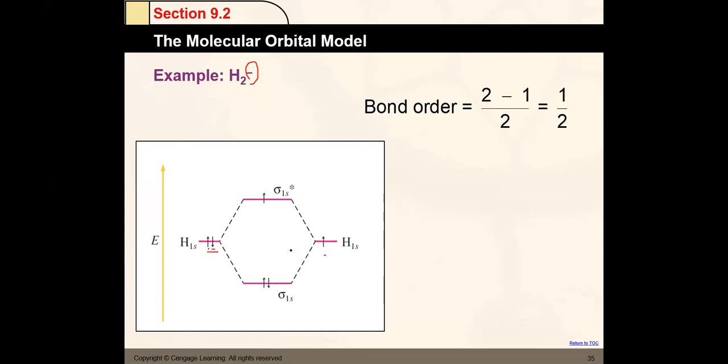You can see here, 2 and 1, that means 3. Here you have a sigma star, because you have an electron in the anti-bonding MO. And here you have 2 electrons in the bonding MO. So according to the formula for bond order, you have the number of bonding, 2, minus 1, because I have 1 electron. All right.